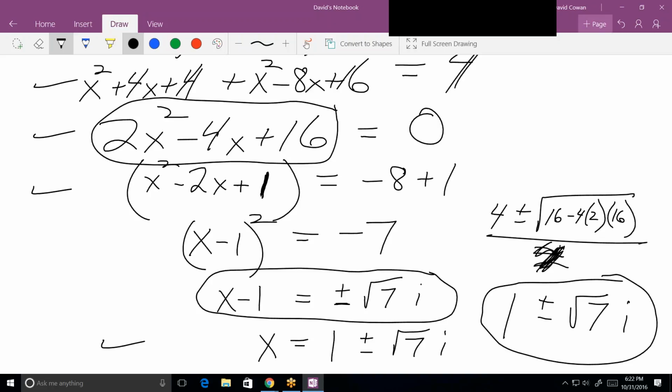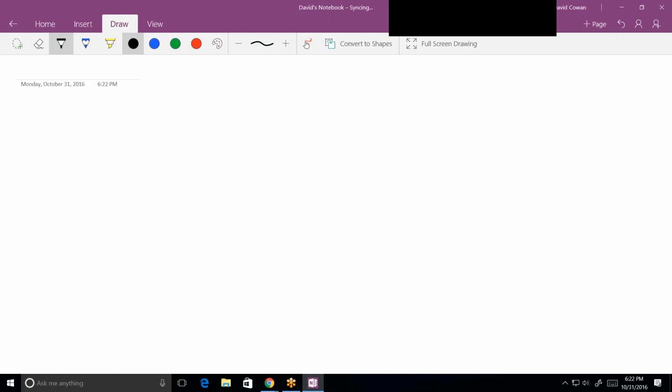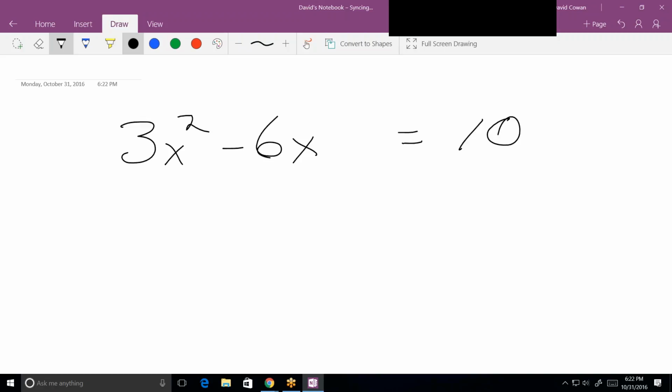Okay. Now, there is another situation that I should run by you, and that's, let's say I had this. Okay? Now, if I go to complete the square, first of all, you cannot complete the square until this coefficient is 1.